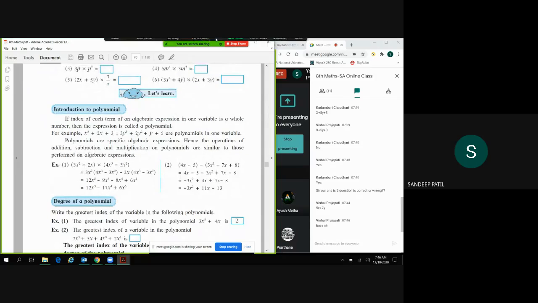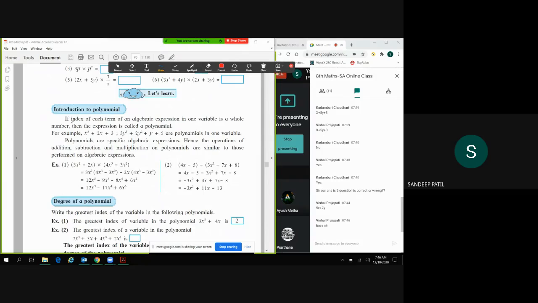For these simple variables. Let's see. So, introduction to polynomials. I had already explained that poly means more and nomials means terms, right? So we will see the specific definition. If the index of each term of an algebraic expression in one variable is a whole number, then the expression is called a polynomial.